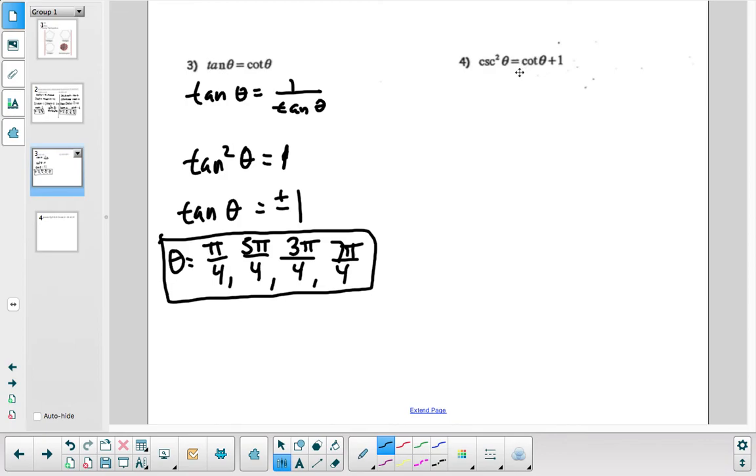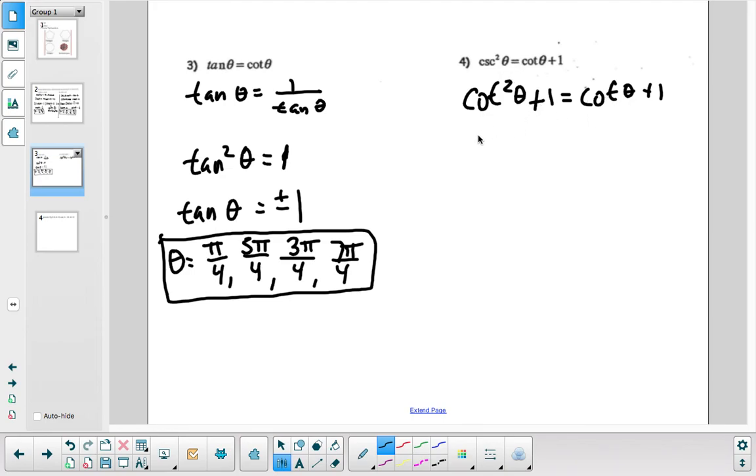One of the versions, if you look at that 6.3 sheet, or it should be in your purple sheet because it's a pretty big one, cosecant squared is equal to cotangent squared theta plus 1. So now we're back to semi-normal.